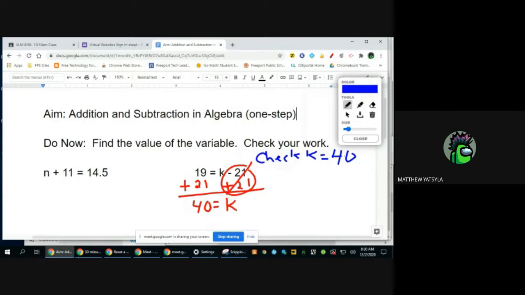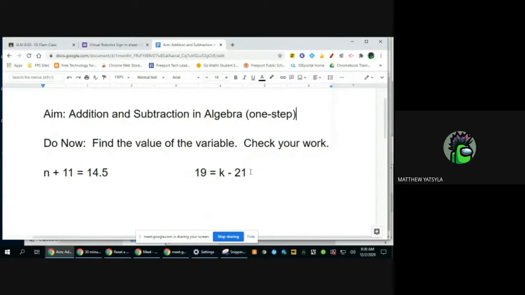So 19 equals k minus 21. 19 equals 40 minus 21. And 19 then equals 19, and we're good. All right, so that's just for basic addition and subtraction.